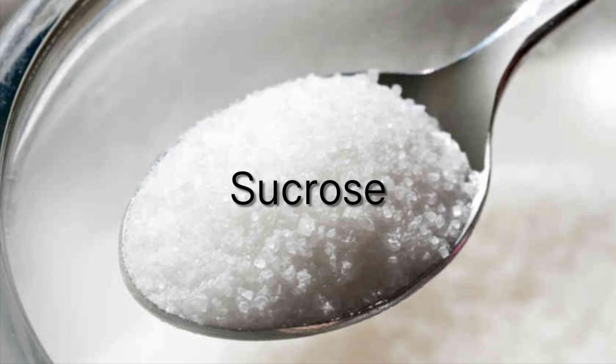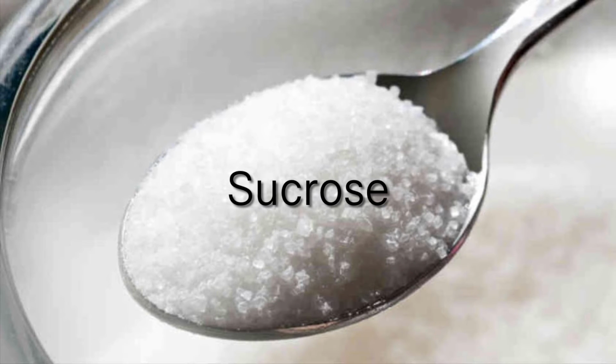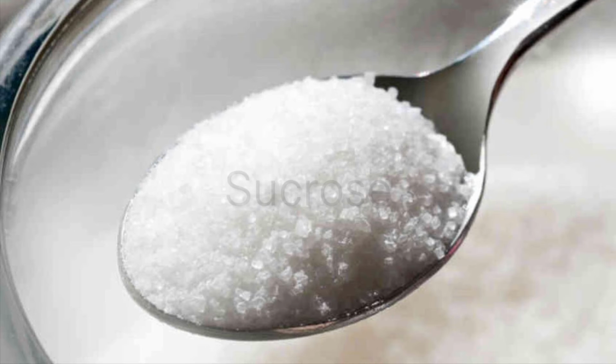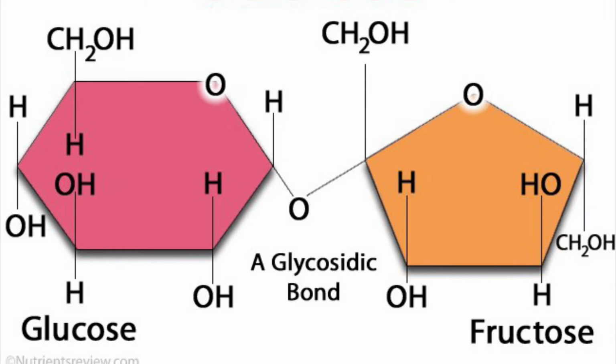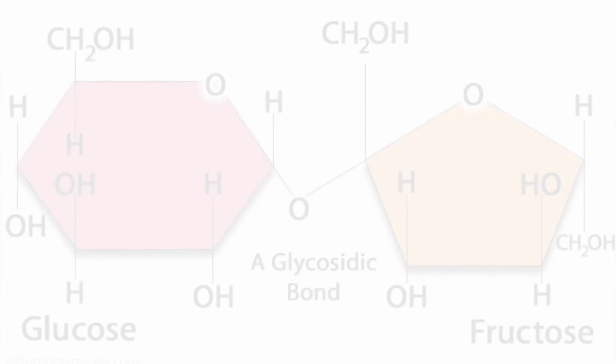For example, the disaccharide sucrose, which is known as table sugar, is made from a glycosidic bond between a monomer of fructose and a monomer of glucose, which are joined together in a dehydration reaction. The general chemical formula for disaccharides is C12H22O11.